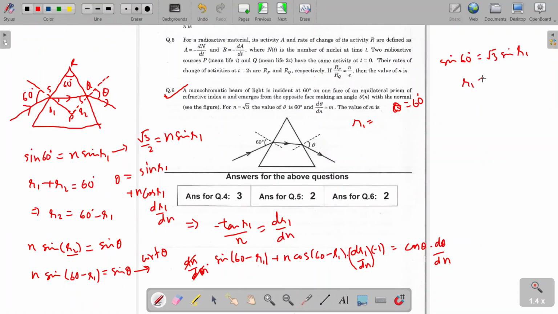So r1 will be 30 degrees. So we put this here, and this becomes sine 30 degrees plus n, which is root 3, cos 30 degrees into minus 1 dr1 by dn. dr1 by dn is minus tan r1, that is plus tan r1, that is tan 30 degrees, divided by root 3.